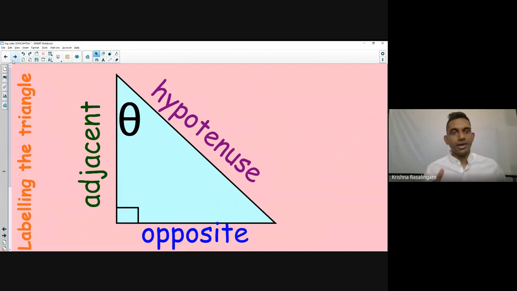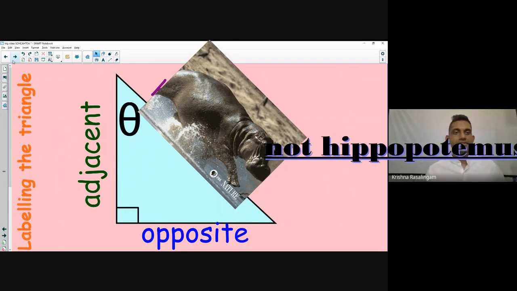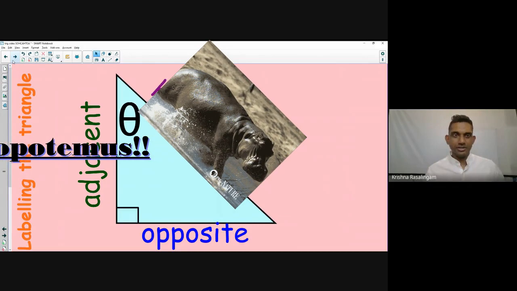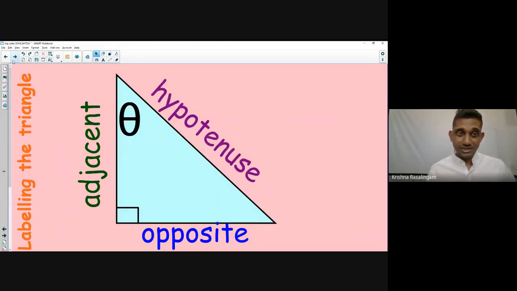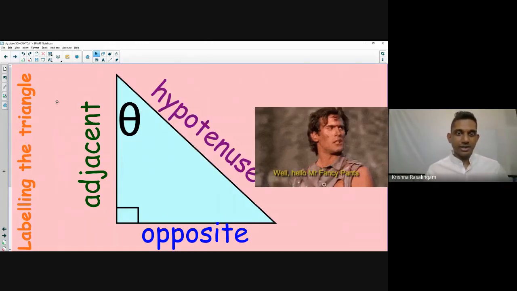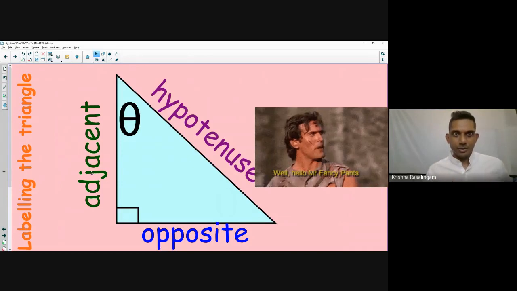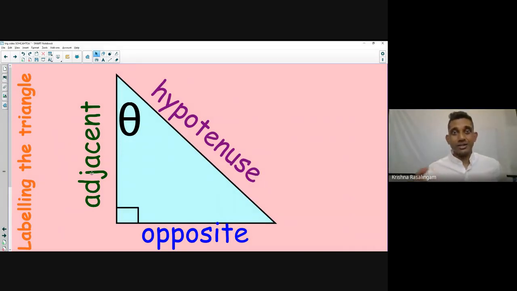So here we have the angle theta, and opposite it, we label that side the opposite. The diagonal, which you may know from Pythagoras, is called the hypotenuse. And the side next to the angle is called the adjacent. And adjacent is a fancy word for next to. So that means we always label the triangle with respect to the angle in the question.